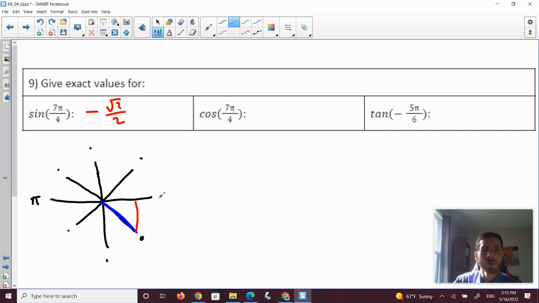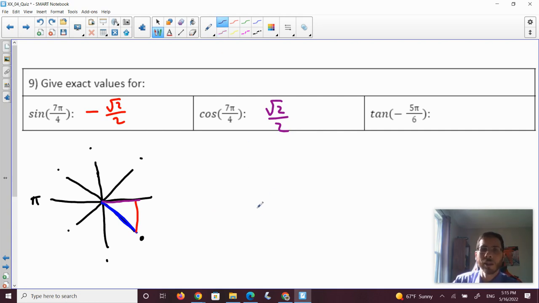So we'll end up with negative square root of 2 over 2. For cosine, same idea, except this time instead of going down, we need to go across. This time we're going to be positive. So we're going to get positive square root of 2 over 2. So that's just where we're at on the unit circle. Not really much else to say there other than it's a memorization one.